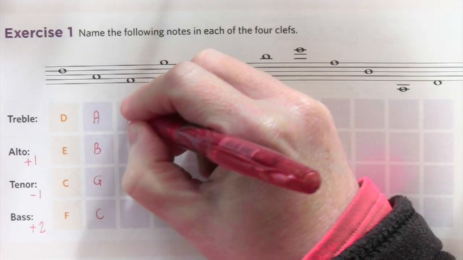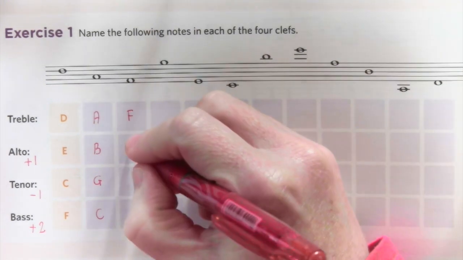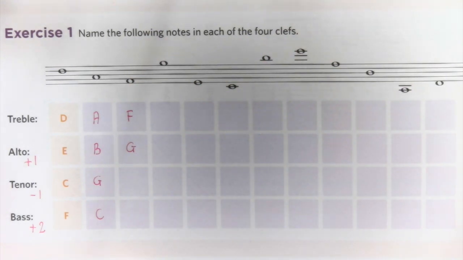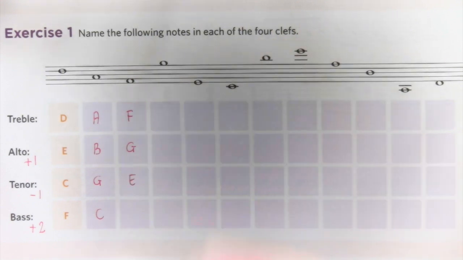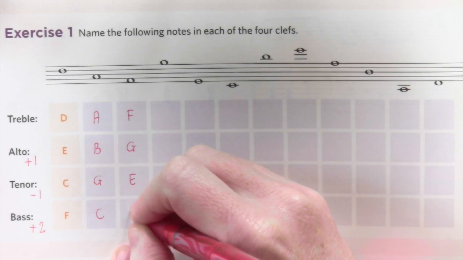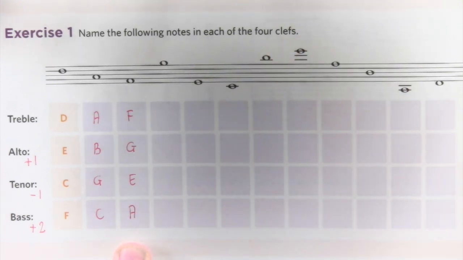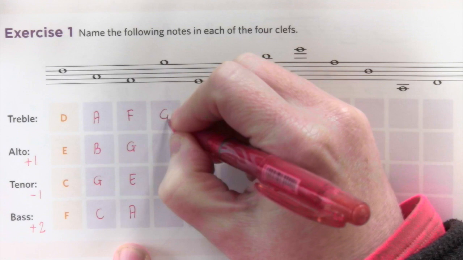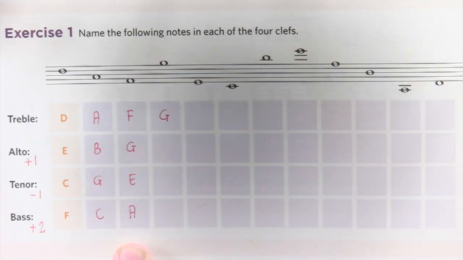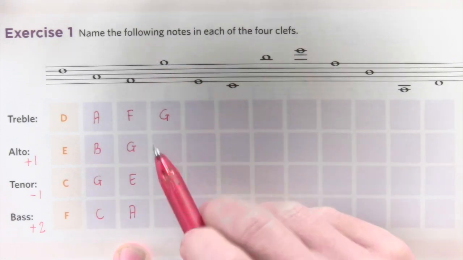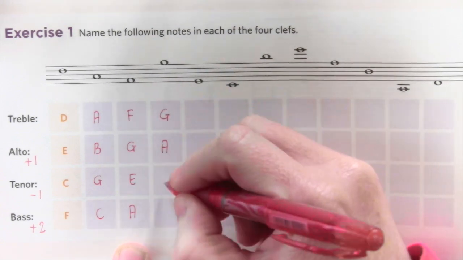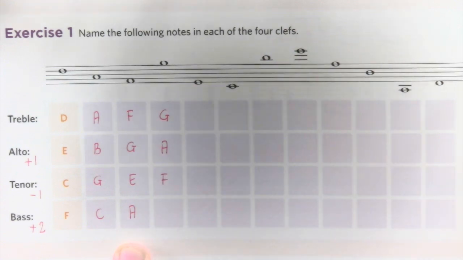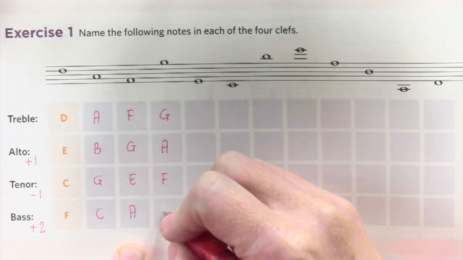Fa becomes Sol in the alto clef, in the tenor clef, Mi, and in the bass clef, La. Sol. Now Sol plus 1, La. Minus 1, Fa. And plus 2, Si.